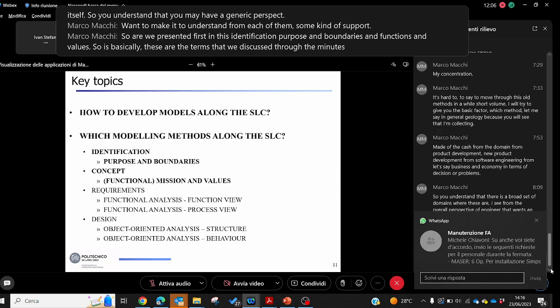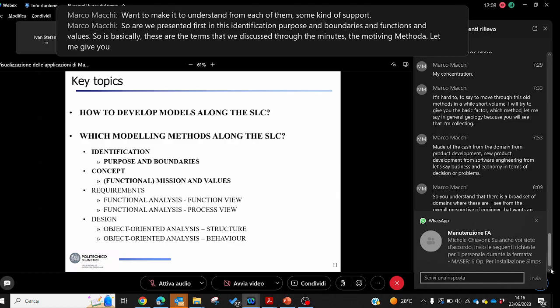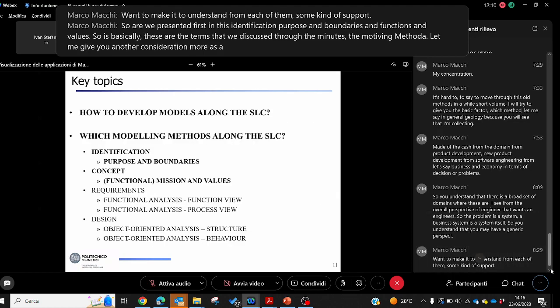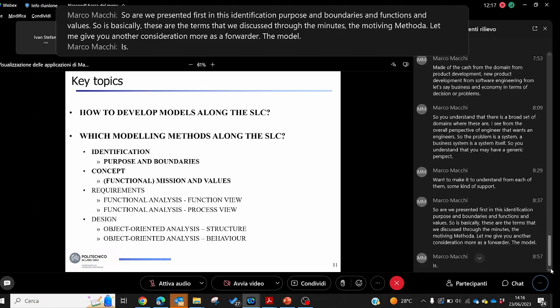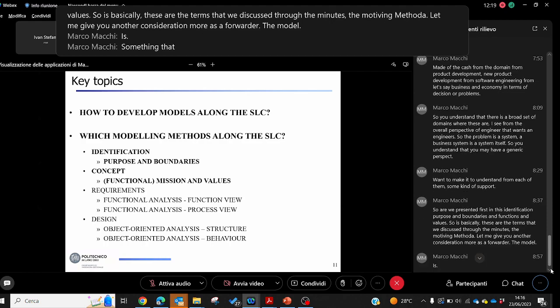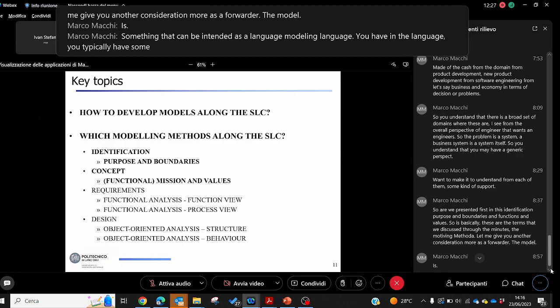The modeling method, let me give you another consideration as a foreword. The modeling method is something that can be intended as a language, a modeling language. In a language you typically have some constructs. Think about natural language: you have verbs, you have nouns.